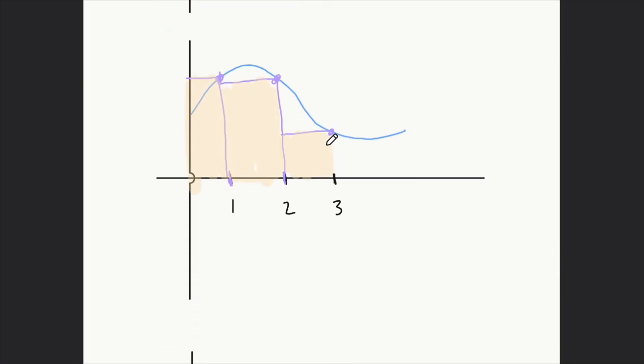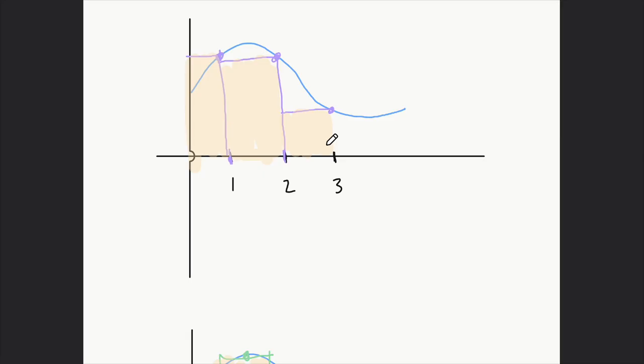Okay, so let's go ahead and now take a look at the same graph just using right endpoints. So now again, we're going to have these four numbers down here on my number line, right? I forgot to draw a 0 there, but just know that it's there. So for here, I'm going to pick all of the ones on the right. So you can see here, this would be f of 1 to get my height, this would be f of 2 to get my height, and this would be f of 3 to get my height.